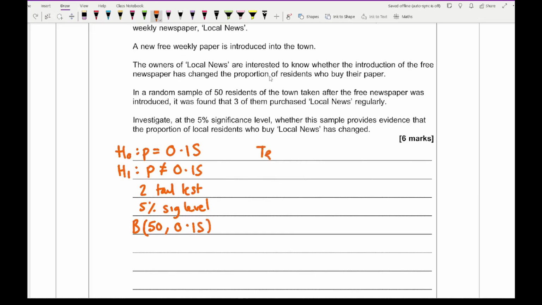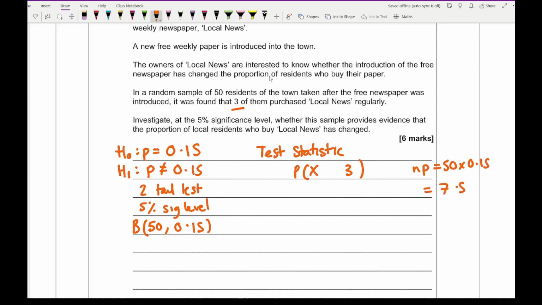Now my test statistic is going to involve 3, so it's the probability that X is less than or more than 3. I just need to decide which. To do that, you multiply n times p, so that's 50 times 0.15, which gives me 7.5.